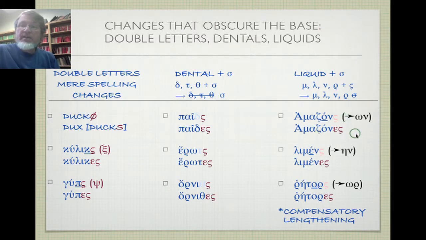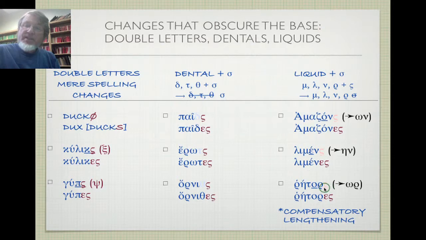And you can see that the plurals of all these liquid bases in nu and rho are entirely regular, but the plurals get weird because when the S was added, the S is the trigger for all this, here and here and here, the S is a problem maker in Greek.